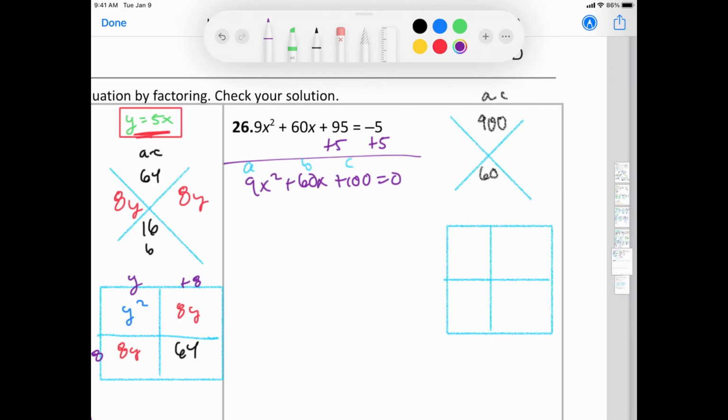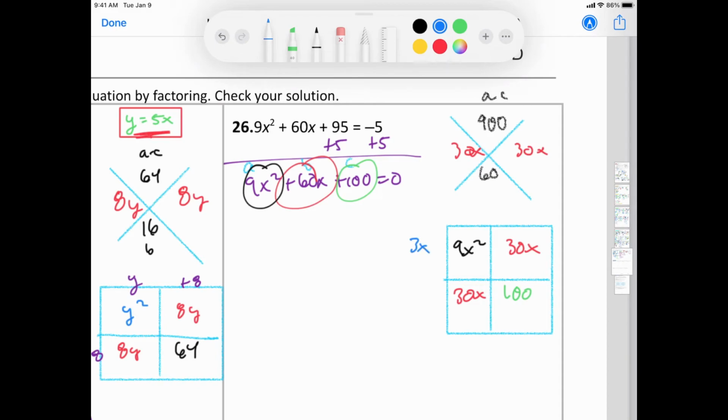So I'm thinking 30 and 30. So that would be 30x. Do you realize how large these numbers are? Whoa. Let me check.